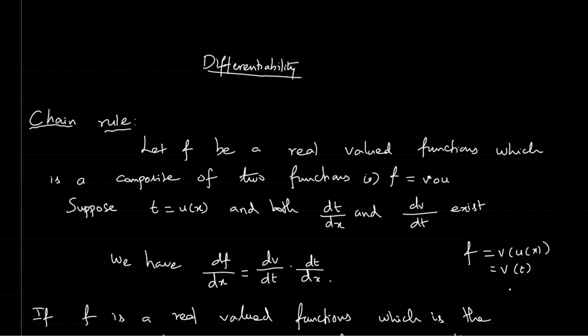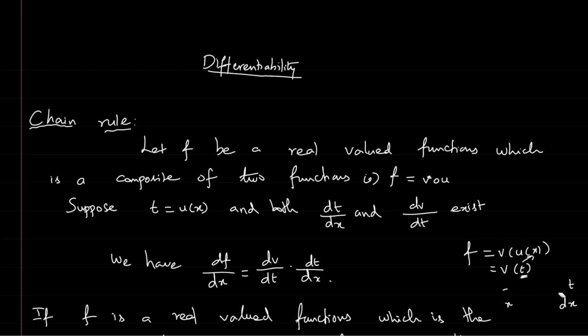So the differentiation is df by dx is equal to dv, since v is a function of t, dv with respect to t, and t is a function of x, into dt with respect to x. So this is the definition of this chain rule.